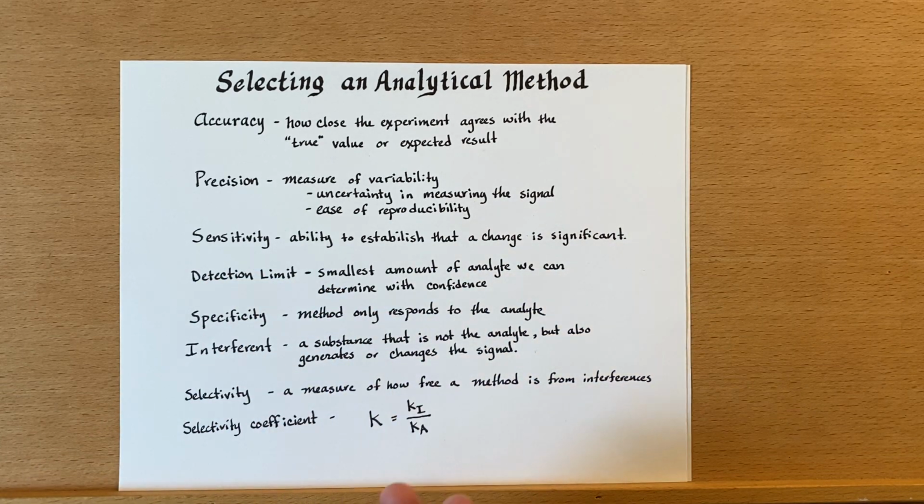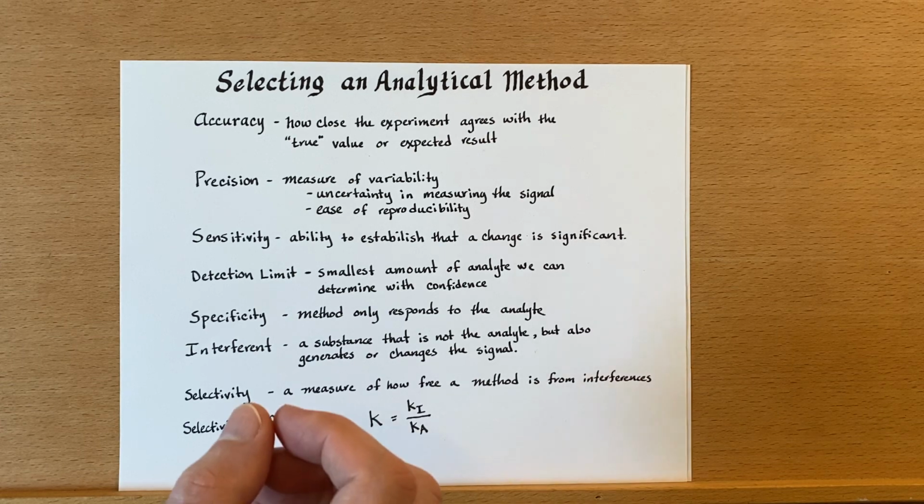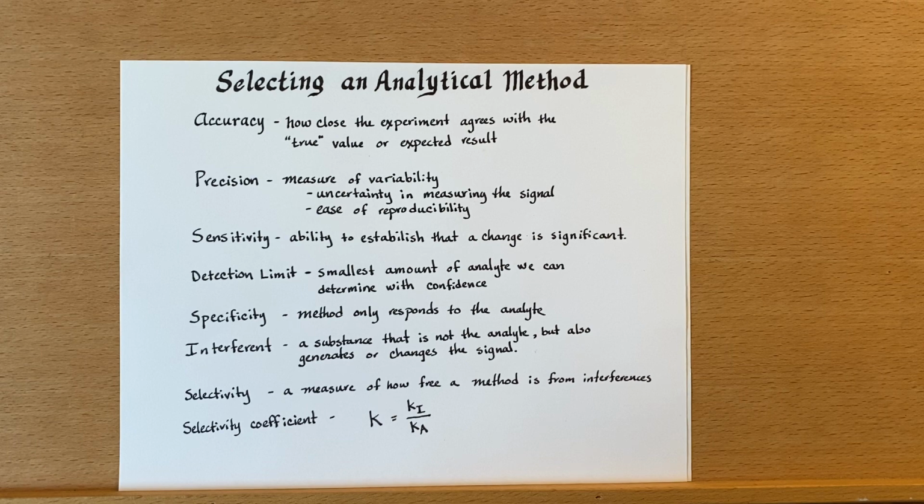This could also be illustrated by putting just an absolute speck of a compound on a balance that's only accurate to 0.01 grams. Well, that just will not detect it because it's below the detection limit. It won't register a number on the scale. So it's important to have very low detection limits.